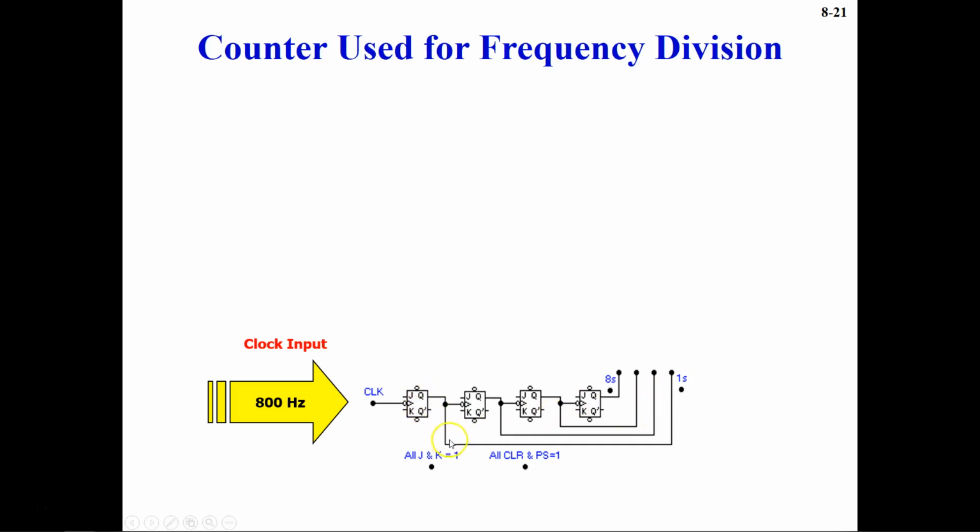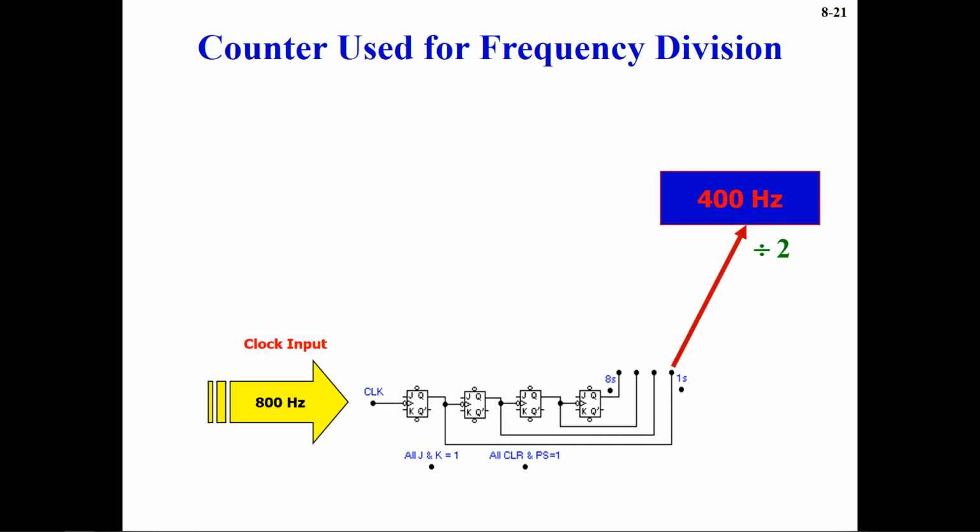So if you look here, after this 800 hertz clock goes into this first flip-flop, then what will happen? The clock will become 400 hertz because the frequency will be divided by 2 when it goes through this first flip-flop.